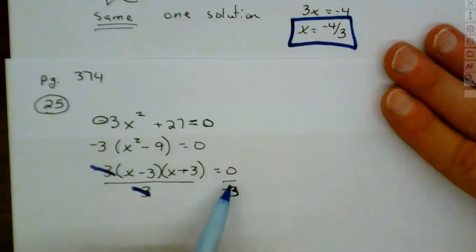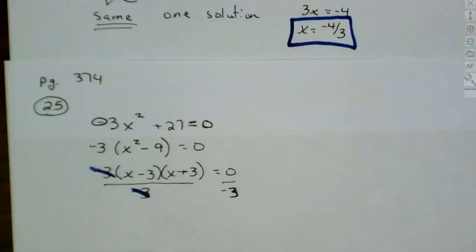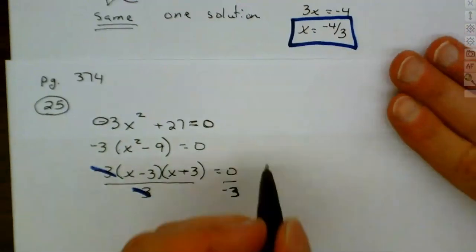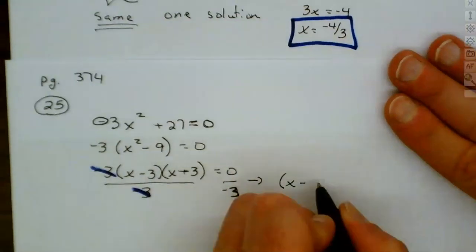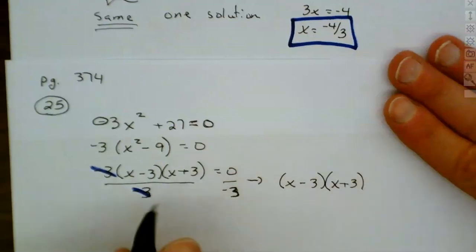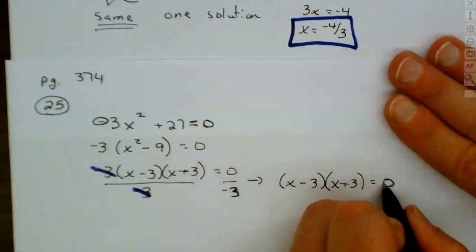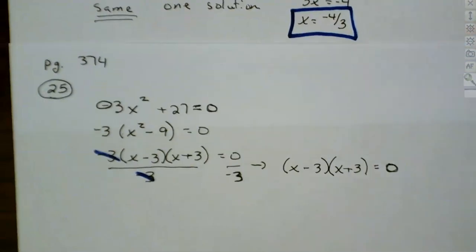And why we use 0 is 0 divided by any number is what? 0 divided by any number is 0. So that takes care of that negative 3. One thing you need to make sure that you're aware of is that you can never, ever divide by the variable x. You can divide by numbers and reduce things down and get rid of them, but you can never divide by the variable x. We didn't do that. We divided by that number, negative 3.